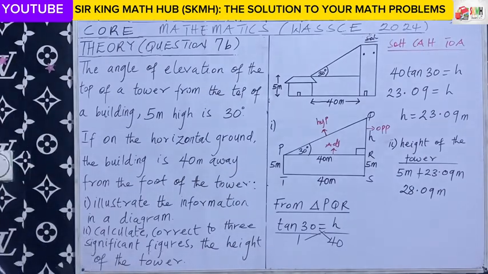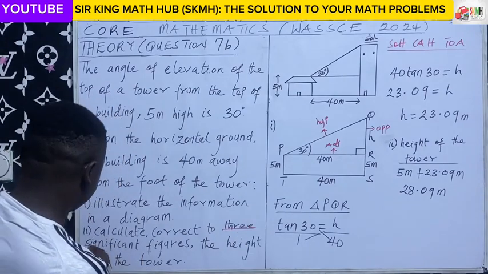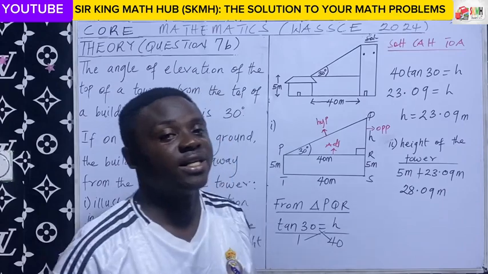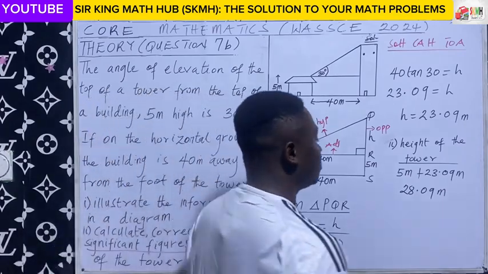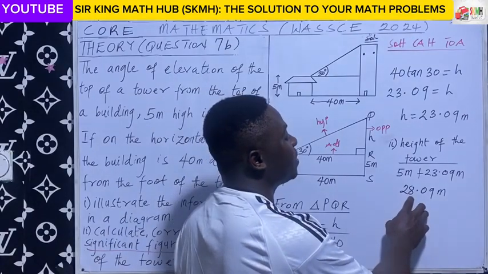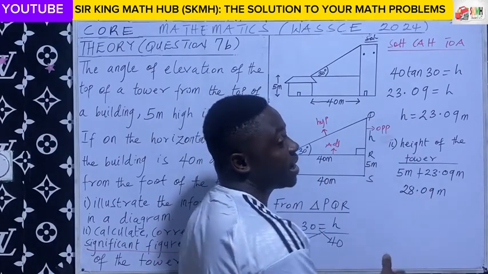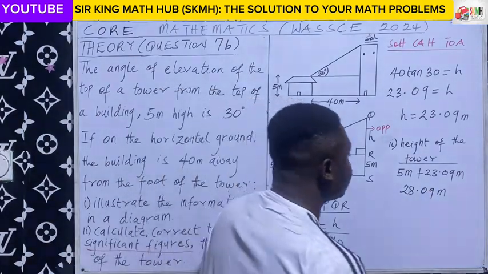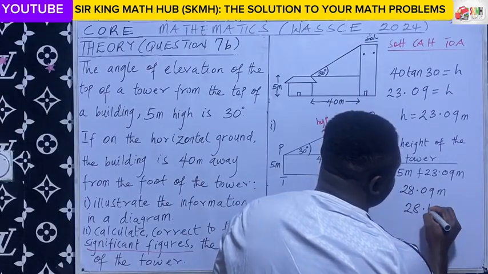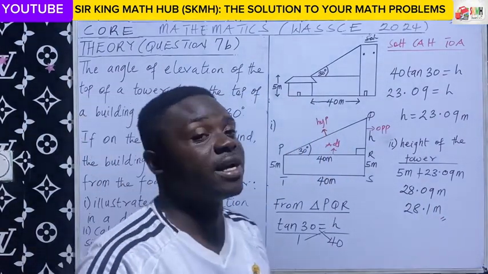But don't forget that we have to calculate correct to 3 significant figures. So how do we correct this to 3 significant figures? So there is the first significant number, the second significant number, and the third significant number. So we can round this up since 9 is greater than 5. So that becomes 28.1 meters. So that is the height of the tower.